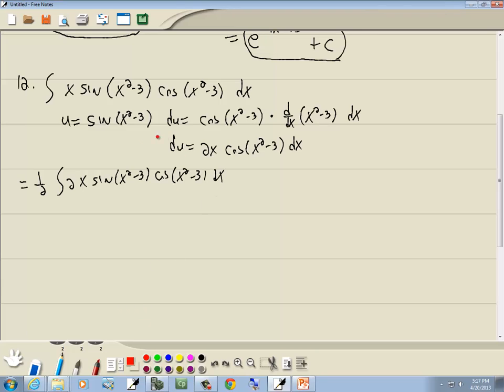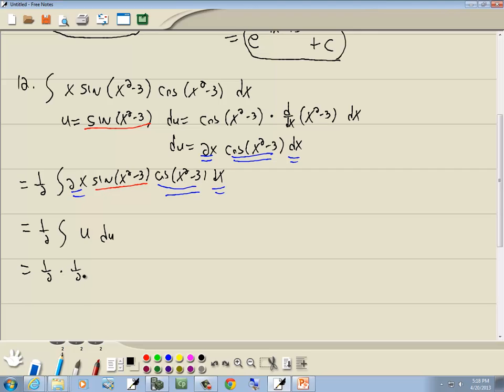So let's see what we're given. Sine of x squared minus 3, so that's going to be replaced. 2x, cosine x squared minus 3, dx. So everything matches. So this will become the integral of u. We replace sine x squared minus 3 with u. And then all the rest of this becomes du.